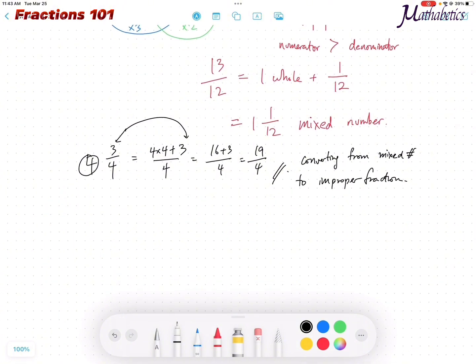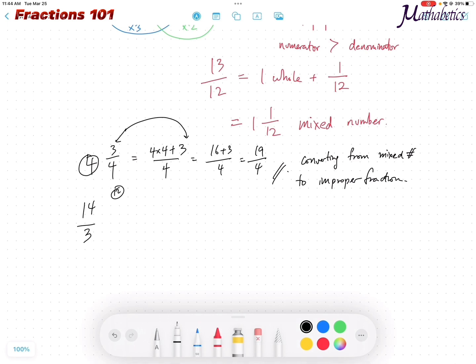Okay, let's go from an improper fraction to a mixed number again. So let's say I have 14 over 3. So how many wholes are there, right? We want to think about how many 3's can fit in 14. So we have 3, 6, 9, 12, 15. 15 is more than 14, so we must use 12.